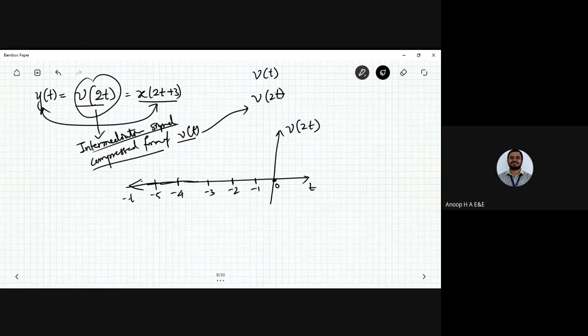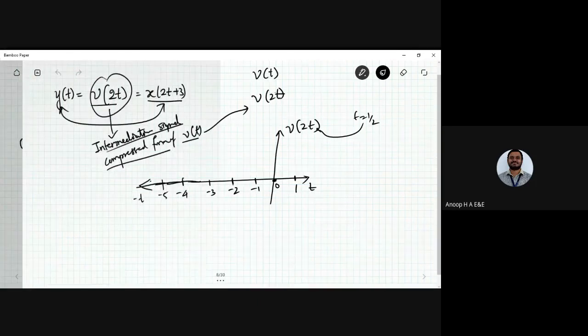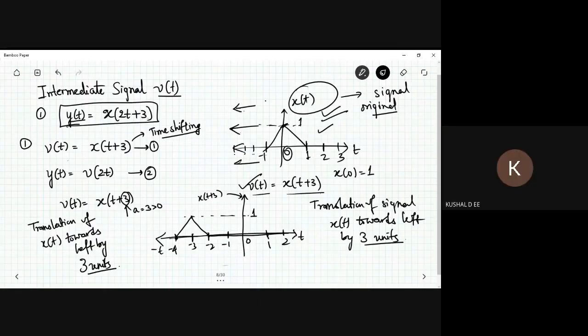V of 1 by 2, again, this one here is 1. When I put t is equal to 1 by 2 here, you will have v of 1. What is the value of v of 1 here? That is equal to 0.